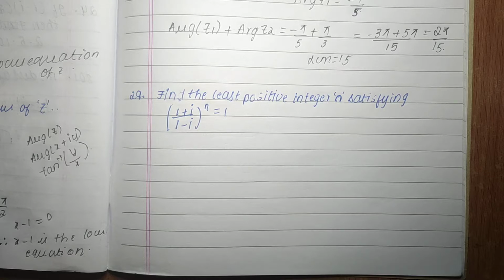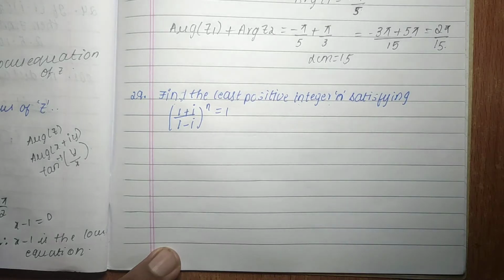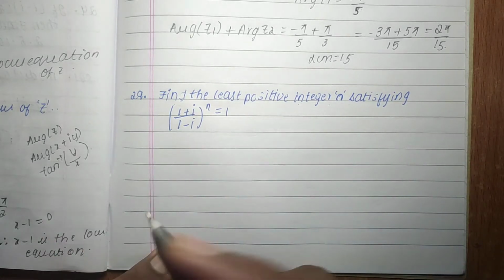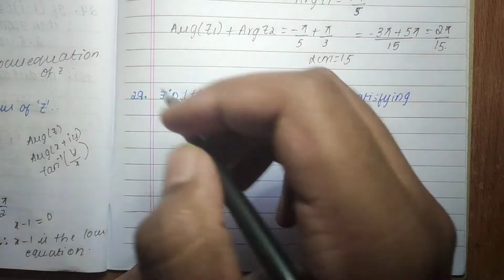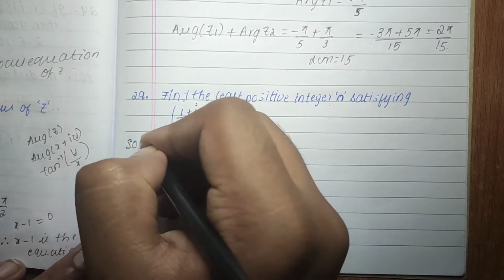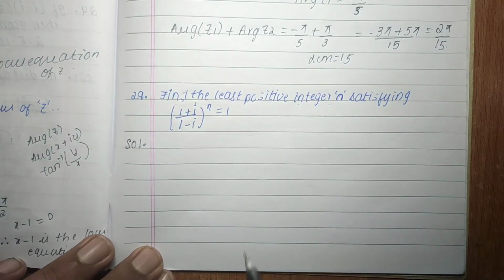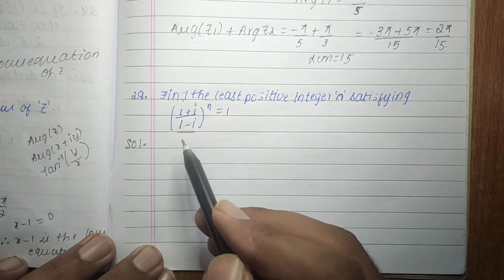Coming to the next sum, it is given: find the least positive integer n which satisfies the given condition, that is (1 plus i by 1 minus i) whole power n is equal to 1. First of all, there is i in the denominator.